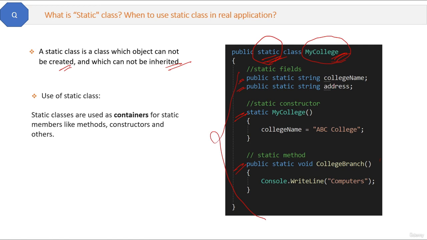Because if all the methods are static, what would the developer do by creating the object of the class? There is no point in creating the object of a class where all the methods are static only. That's why you are giving one extra layer of safety: let me mark this class as static, and now no other developer can even create the object, not even inherit it. So that is the static class.